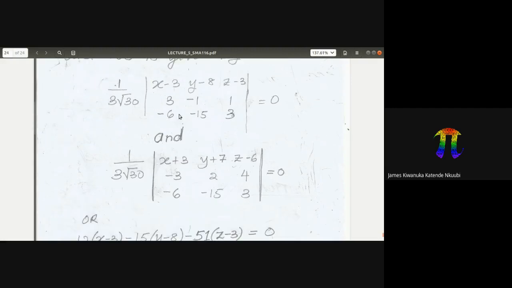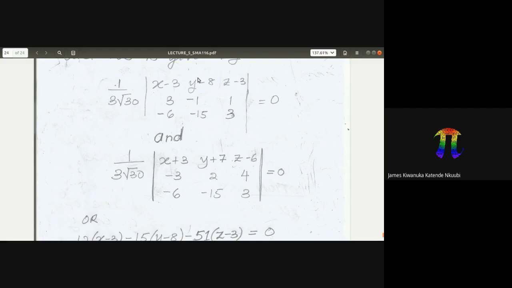Remember, this is the 6 minus 15, 3 is the vector D1 cross D2. And this is the vector D1 cross D2 also. So this is now the vector that is parallel to the second line, and this is a vector that is parallel to the first line.